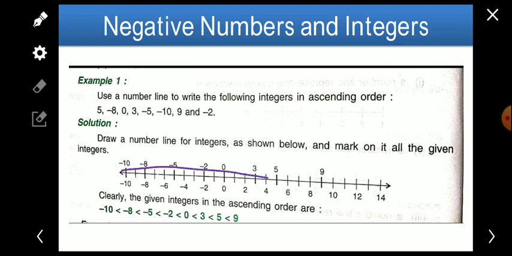So we will draw a number line, and at first we will mark 0, then on the right side 1, 2, 3, 4 like this, and on the left side the negative integers, and we will represent which integers are there. You see 0 is there, then 0 we have written. After that 2, 3 is there, then 3 has been represented, 2 is represented, 4 is represented like this. So each and every number is represented.